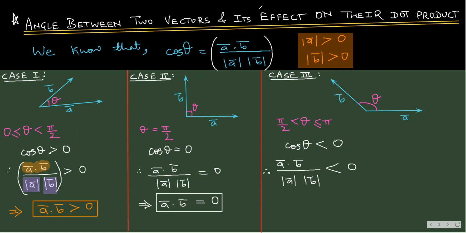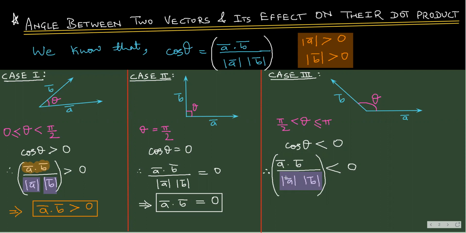Now, as we have already discussed, the denominator is always positive. Now, you should all understand, if the denominator is always positive, then what should the numerator be in order for the whole thing to become negative? I repeat this part.